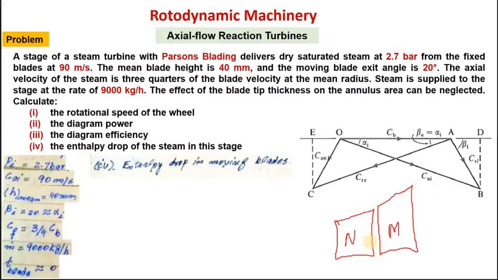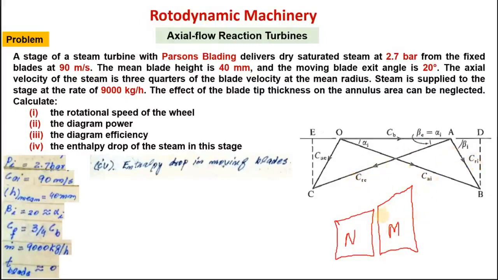Okay, so the enthalpy drop only in the moving blades. In the moving blades, the enthalpy drop is due to pressure drop, and this enthalpy drop is actually converted into velocity rise. So enthalpy drop in the moving blade will give rise to this rise from CRI to CRE.